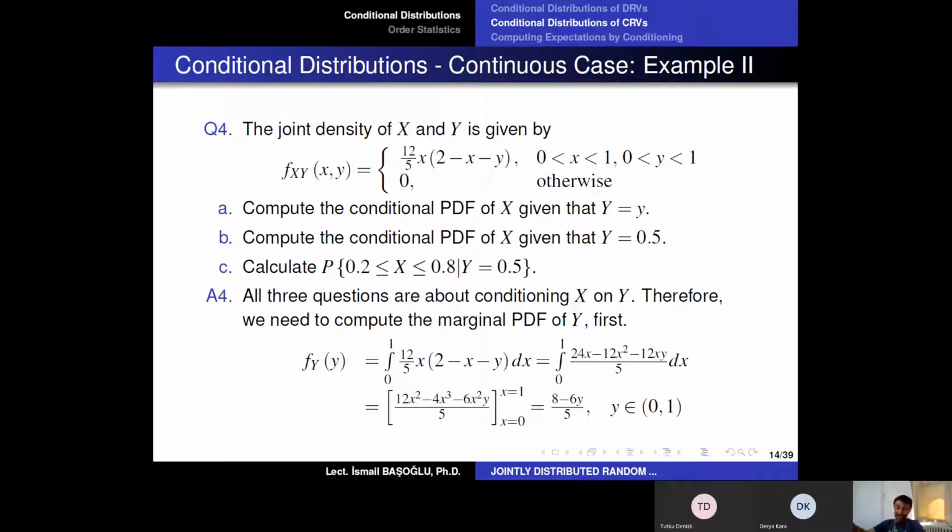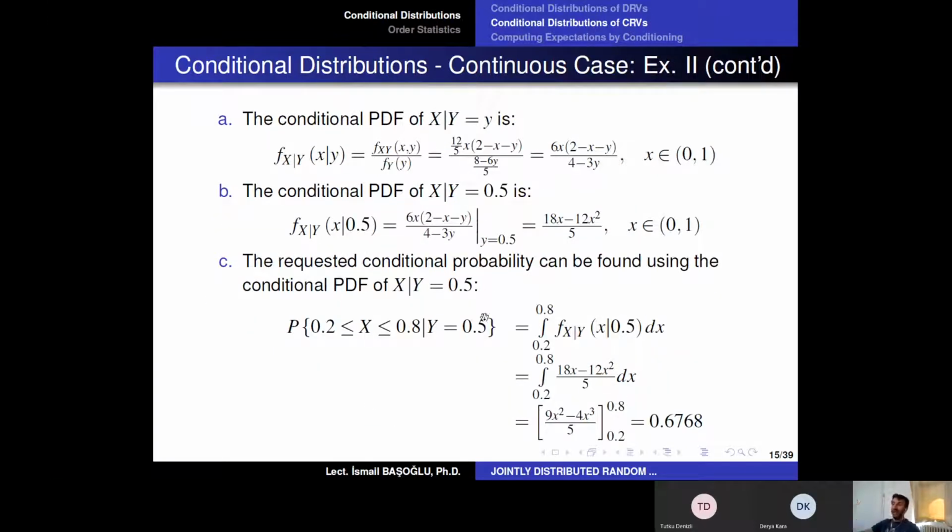Now, of course, we have not answered the question yet. Please be careful. The conditional PDF of x, given that y is observed to be equal to y, is the joint probability density function divided by the marginal PDF of y. Because y is observed to be any general value y, we are not going to plug anything in place of y yet. We leave that to the second part of the question.